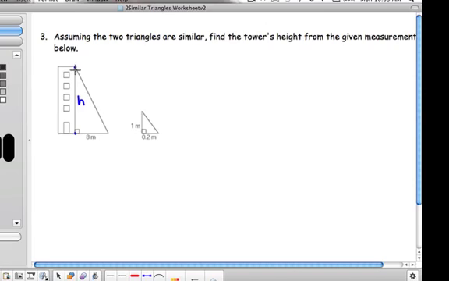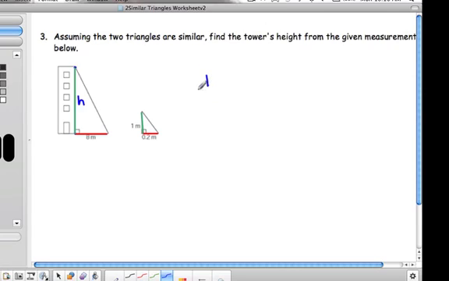So here's the building height, and that corresponds to the 1 meter in our smaller triangle. And this is just like the questions with the shadow. And the shadow corresponds to the shadow of the smaller one. So we can write our proportions then.